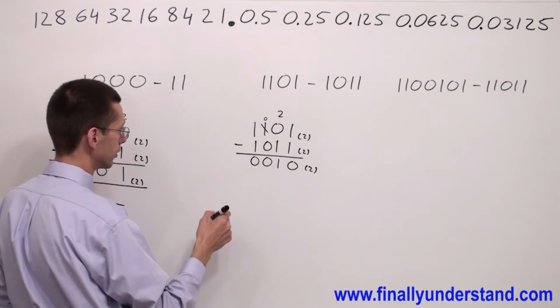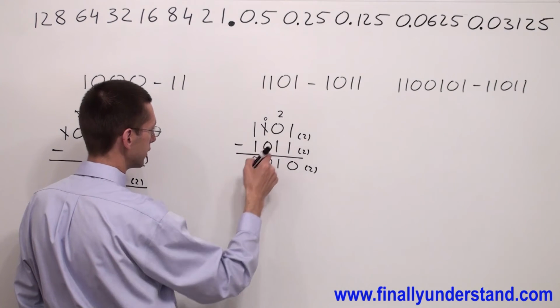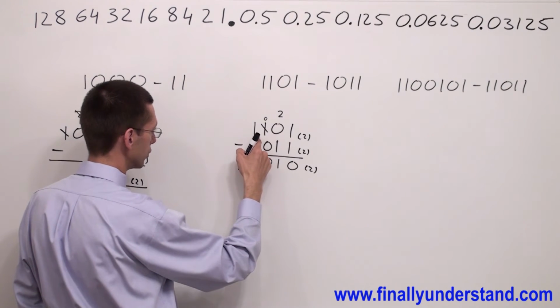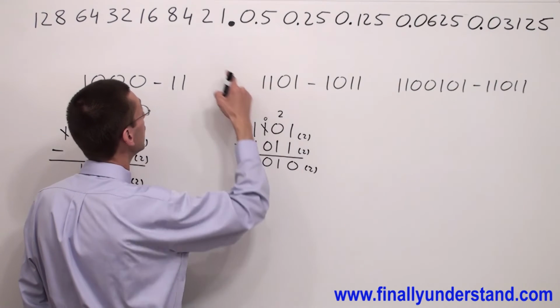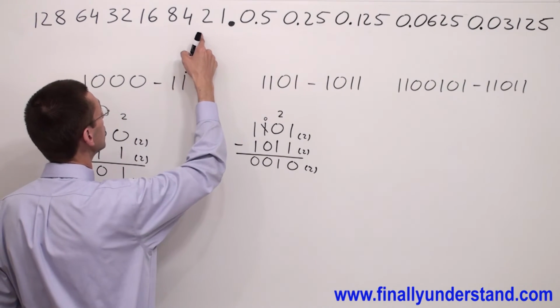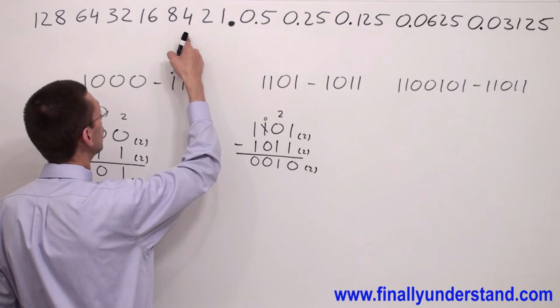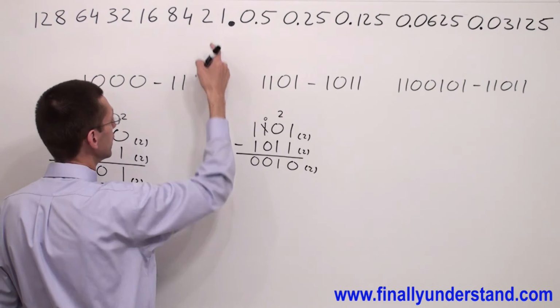So let's take a look what we have. This is nothing else, just binary 13, 1, 1, 0, 1. So this is 8 plus 4 gives me 12 plus 1 is 13.